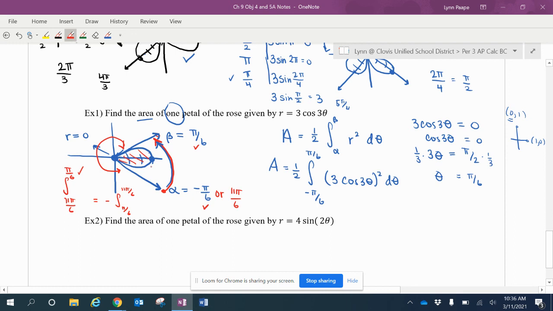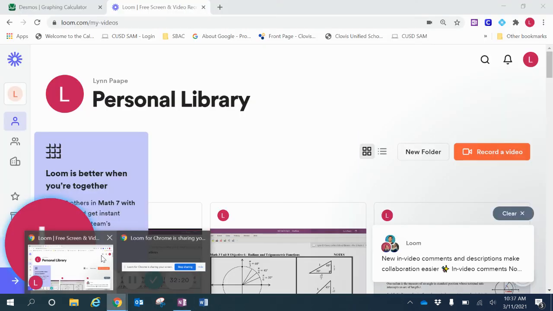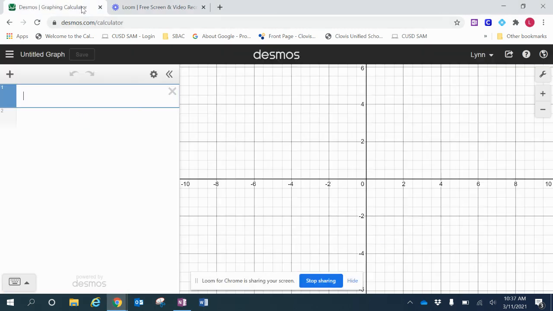All right, and then let's take a look at how I would type something like that in either my graphing calculator or in Desmos. I'm just going to show it in Desmos. So let me jump into my Desmos screen.